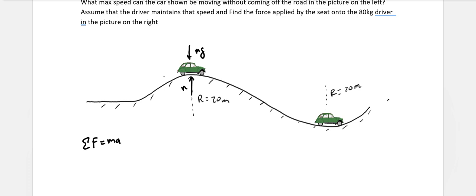At the instant shown, the car is traveling along a circular path, and the center of curvature of that path is down here. So the car's acceleration vector points down, and that's an example of what's called a centripetal acceleration, with a magnitude of v squared over r. So we'll call down positive. That's going to be mg minus the normal equals mv squared over r.